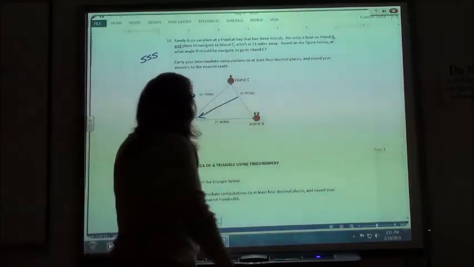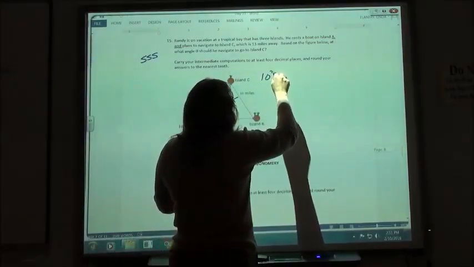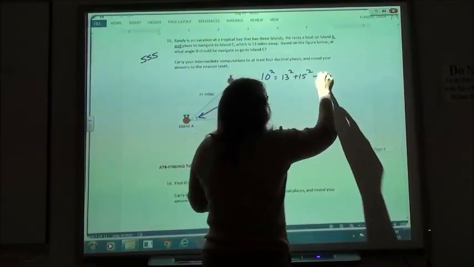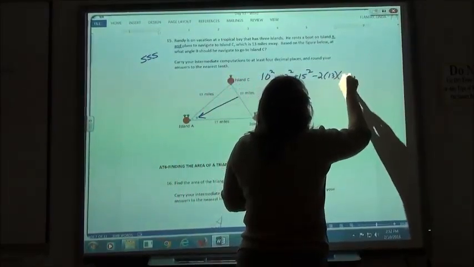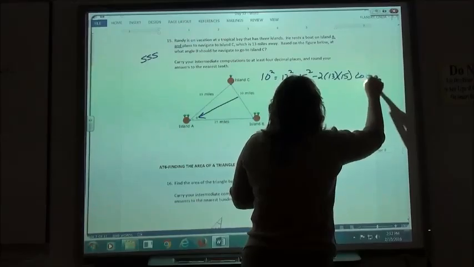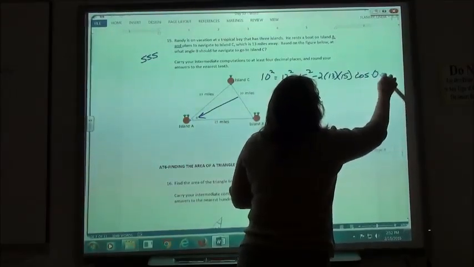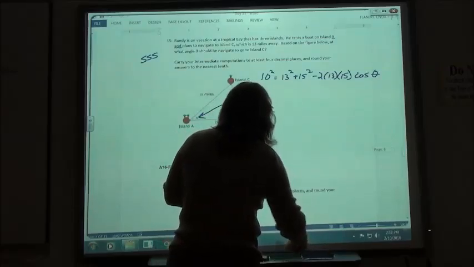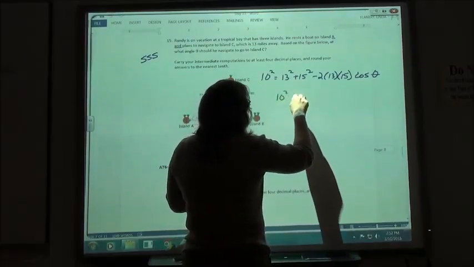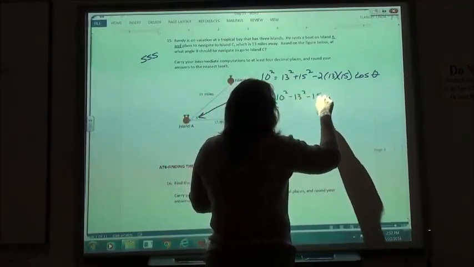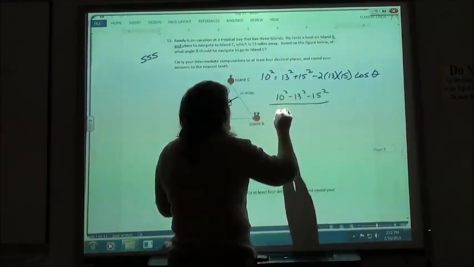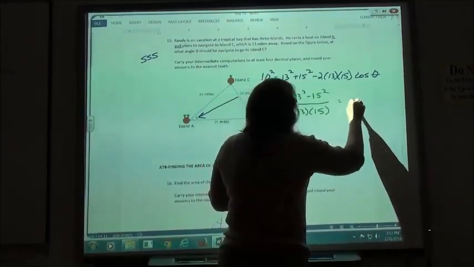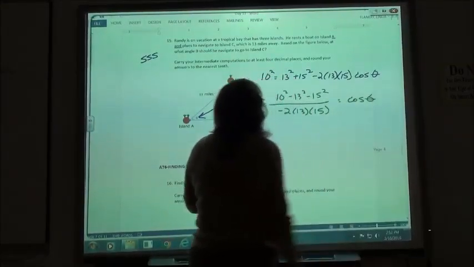So putting that into my law of cosines, 10 squared equals 13 squared plus 15 squared minus 2 times 13 times 15 cosine of theta. And rearranging to solve that, 10 squared minus 13 squared minus 15 squared divided by negative 2 times 13 times 15 is going to equal the cosine of theta.